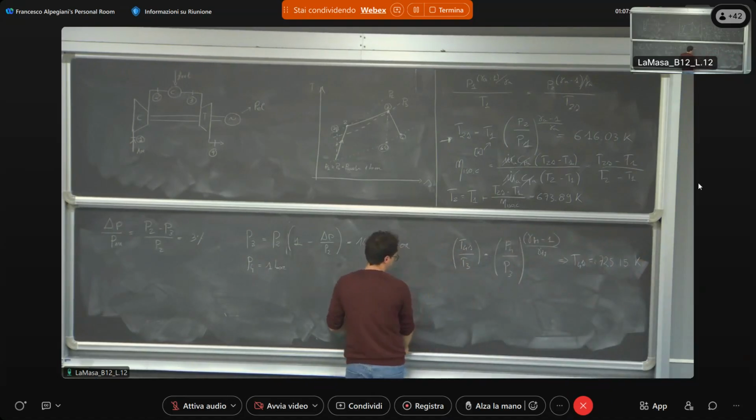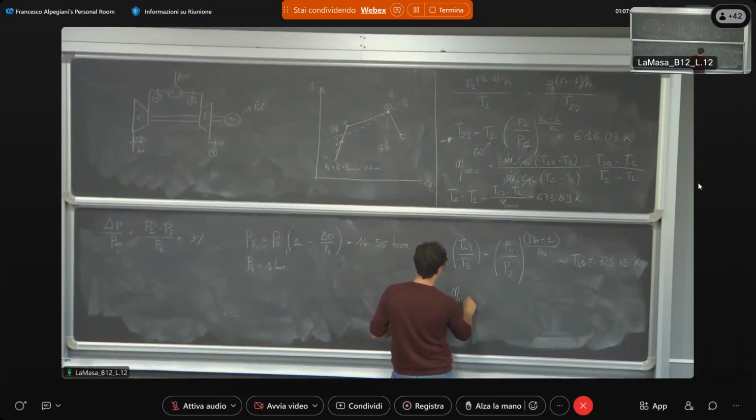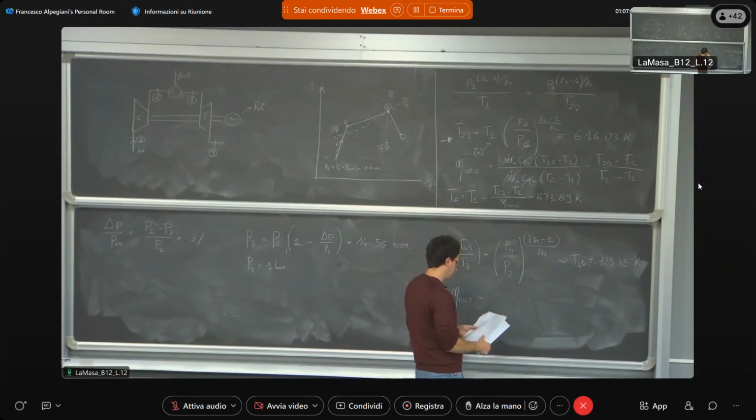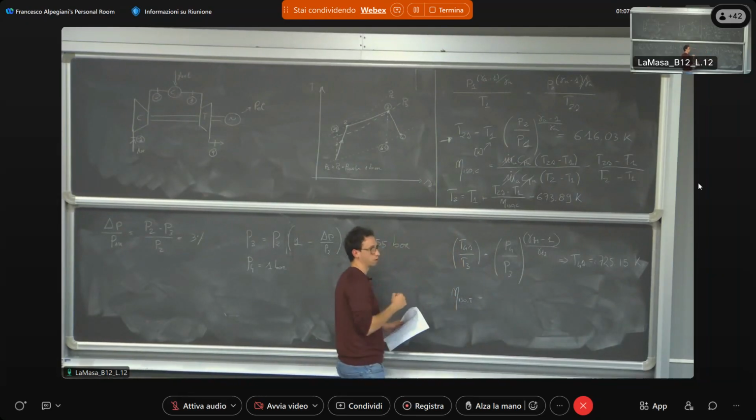Once again, with the definition of isentropic efficiency, we can derive T4. So the definition of the isentropic efficiency for the turbine is the real work, so the real expansion over the ideal one.